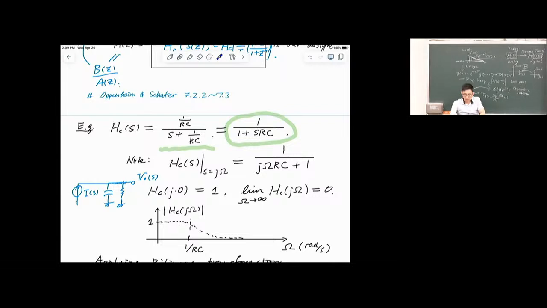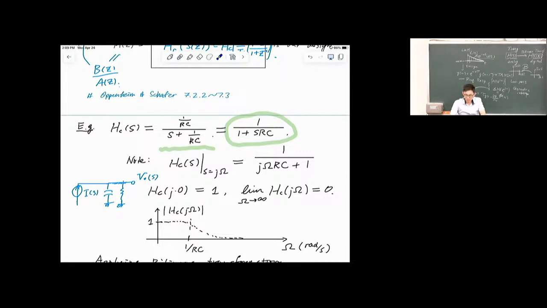Now to move on from the S domain to the frequency response, what do we do? We evaluate the transfer function on the imaginary axis. For an analog linear system, when we need to figure out the frequency response, what we do is evaluate the transfer function along the imaginary axis.